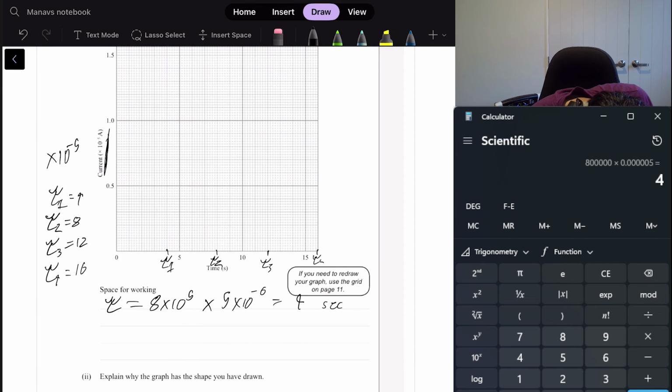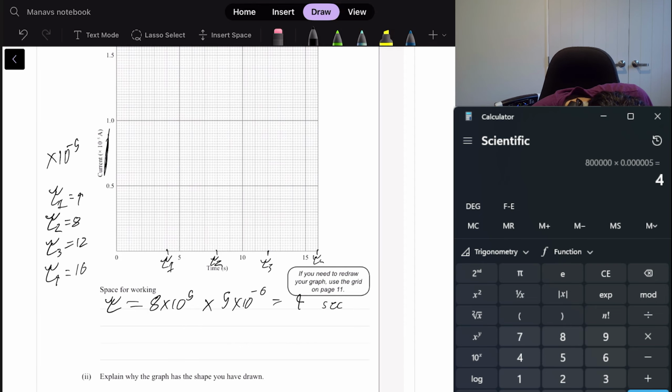We need to find the current when time is 0. This is good electricity knowledge: at the beginning, when the switch is closed in the circuit, all of the voltage would be across the resistor.